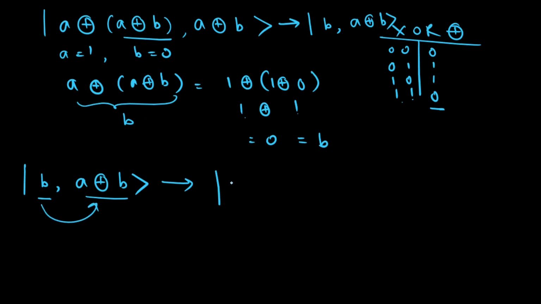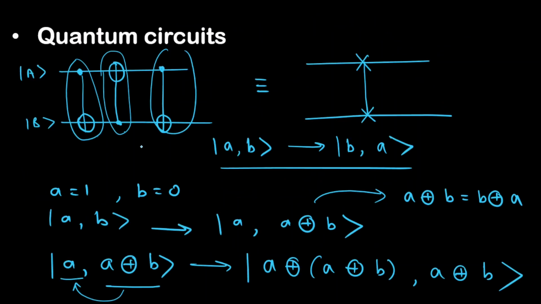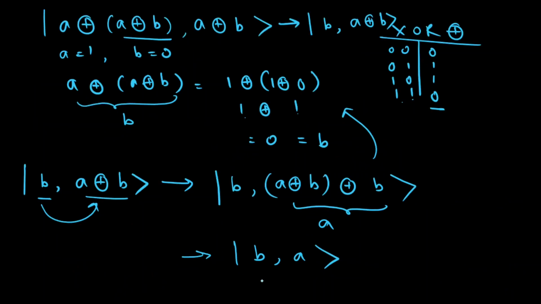So it would be B, (A plus B) plus B. Again, to realize this state, you can do the same operation and eventually you will get A. So we finally come to the state where we have B and A. So this simple quantum circuit, which comprises three CNOT gates, has finally achieved the operation of swapping. That is, AB has become BA. I hope you understand this operation.